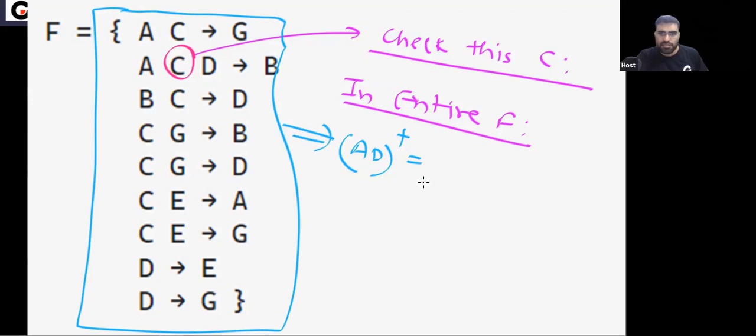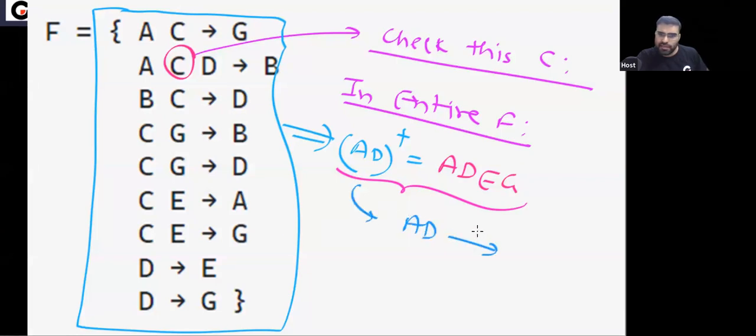So tell me, what is AD plus? AD plus will be AD. D can determine EG. What else? Is there anything else? So can you notice? That's it. Yes or no? So here, again you can notice that AD does not determine B. So again, this C is also not extra.